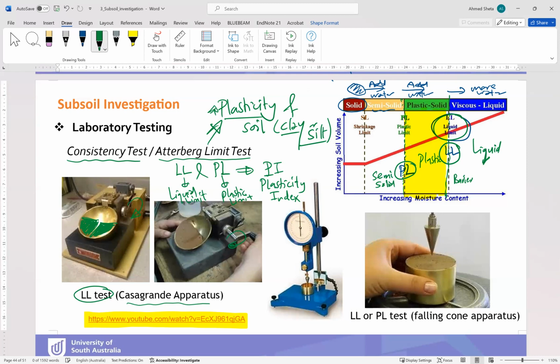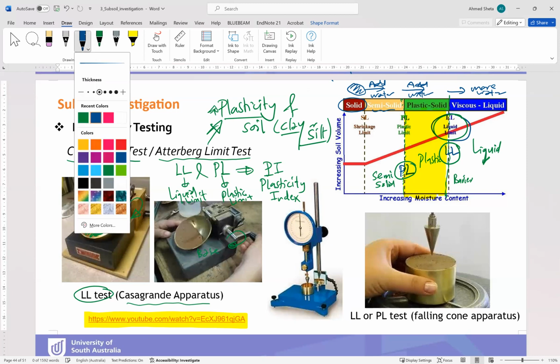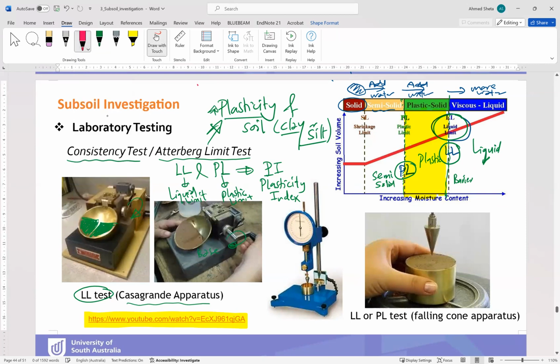When the soil hits the base, the sample tries to unite again and form one sample. We are measuring the number of rotations needed to become one sample again. This is the idea behind the test.